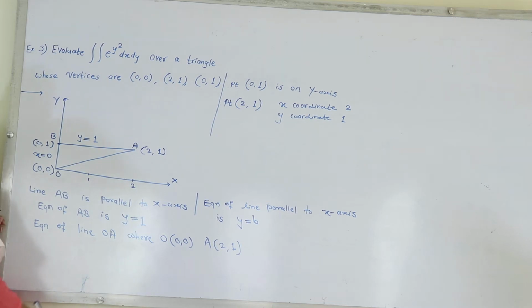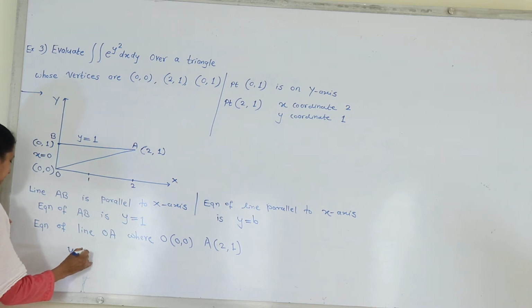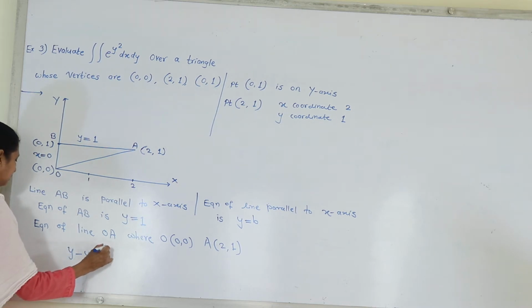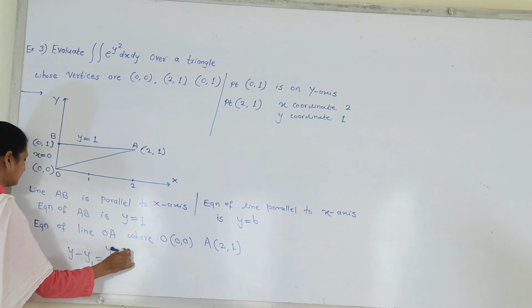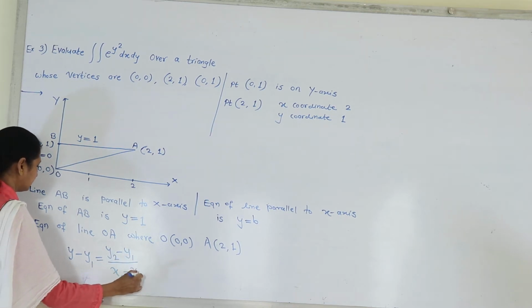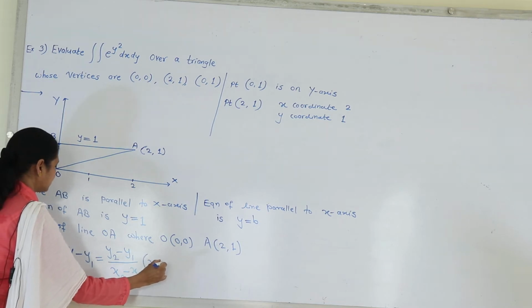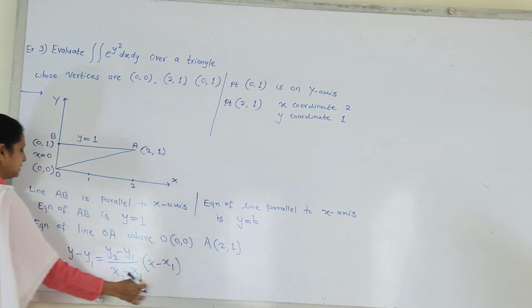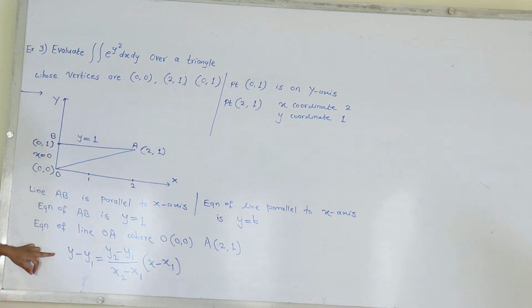The equation of line OA is y minus y1 is equal to (y2 minus y1) upon (x2 minus x1) into (x minus x1). This is the general form of a line when 2 points are given.